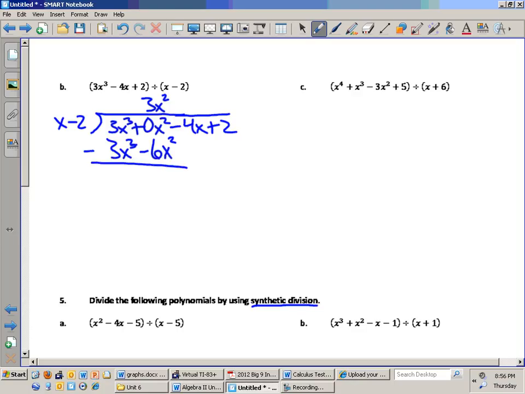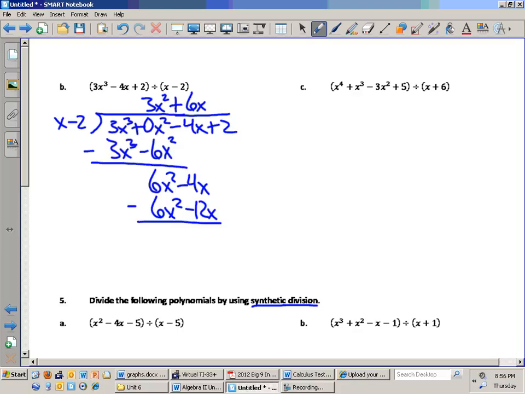Subtract. 0 minus negative 6x squared is 6x squared. Drop down to 4x. What do you have to multiply x by to get 6x squared? 6x. Multiply that back through. 6x squared minus 12x.